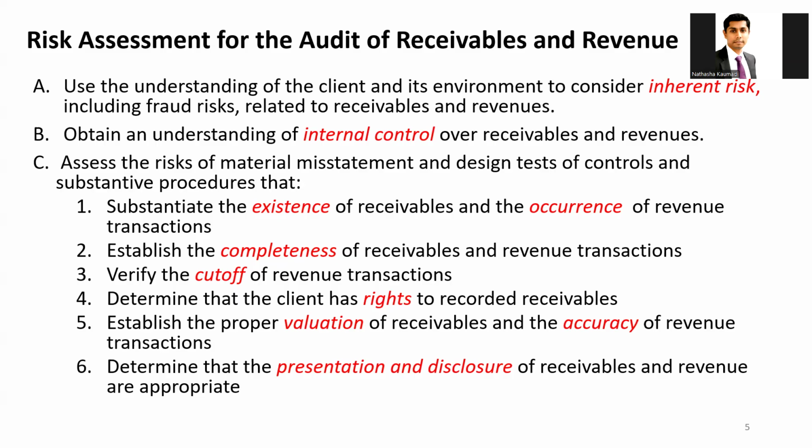Whether it is a new client or a continuing client, a risky client or a less risky client, a client with problems in past audits, or a client with a smooth audit process. What is the nature of this client? Whether that client is doing business in a very risky industry, like the construction industry, or just the consumer goods industry. Likewise, you understand the client.